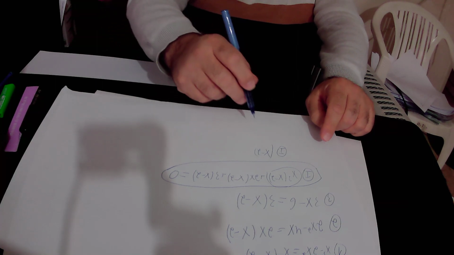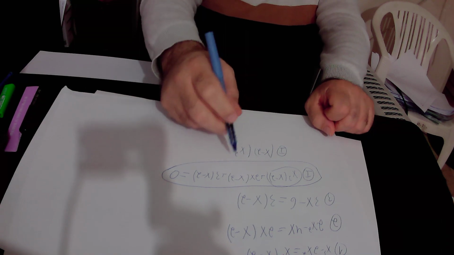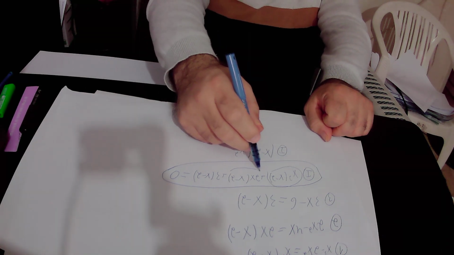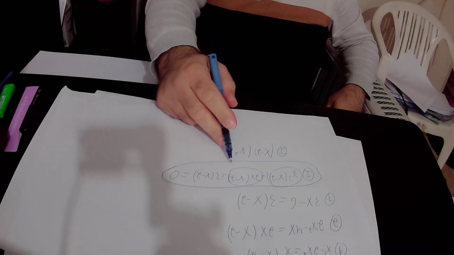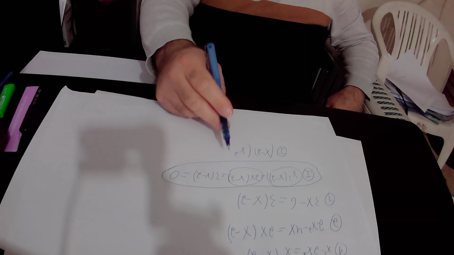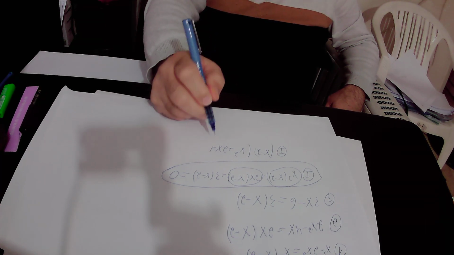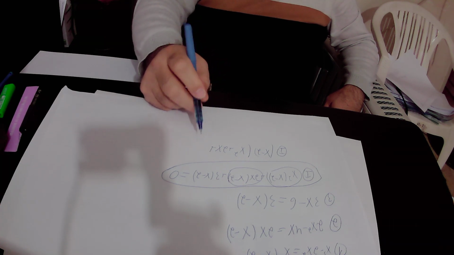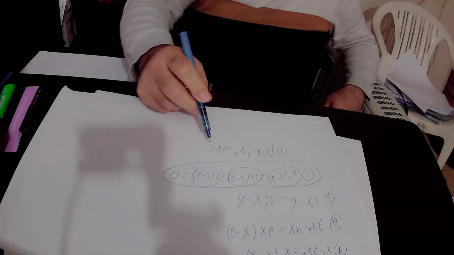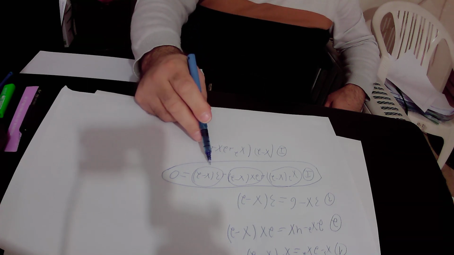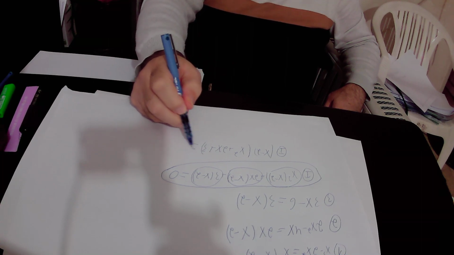What is left is actually x squared. And what is left from this expression after we took x minus 2 as a common factor? What is left is actually 2x. And what is left from this expression after we took x minus 2 as a common factor? What is left is actually 3, and all equals 0.